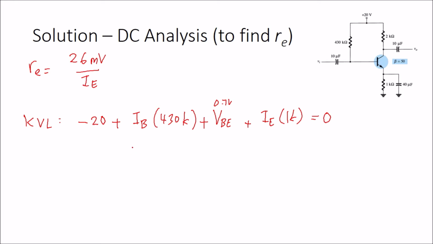From the BE loop, we need to find the value of IB first. To find IB, we need to represent IE in terms of IB. So IE is equal to beta plus 1 times IB. Just substitute the value here.